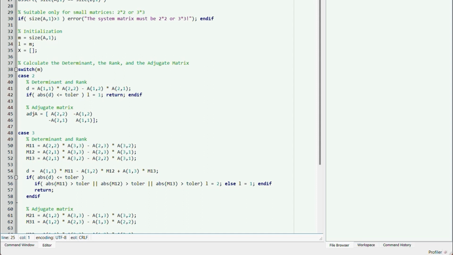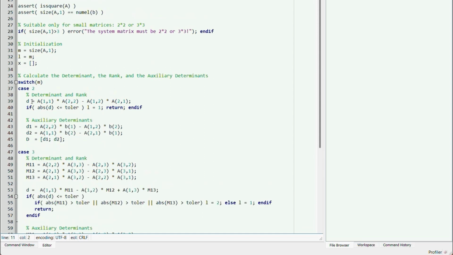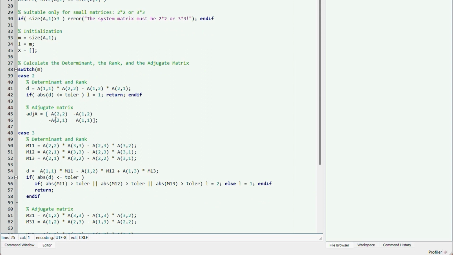As you can see here, exactly the same steps we have done with Cramer's rule. And then we calculate the adjugate matrix. No auxiliary determinants here. The adjugate matrix depends only on the matrix A. We swap the elements on the diagonal and we add the minus sign in the case M equal 2.